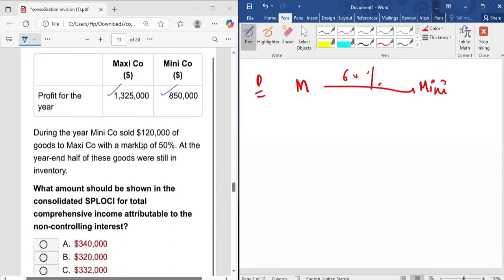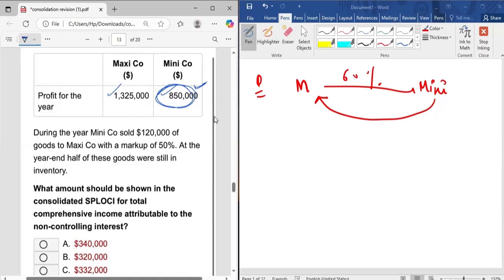What should be shown in the consolidated statement of profit and loss and other comprehensive income for total comprehensive income attributable to NCI? Now see, when Mini company has sold certain goods to Maxi company at a profit, this profit must be included in the profits of Mini company, because they have sold goods to Maxi company at a profit.